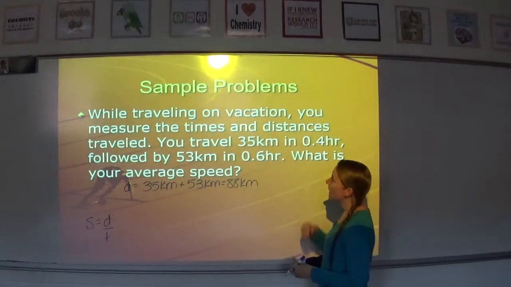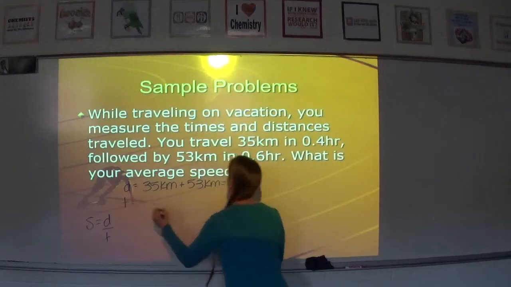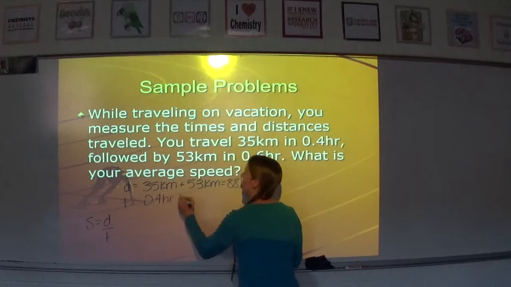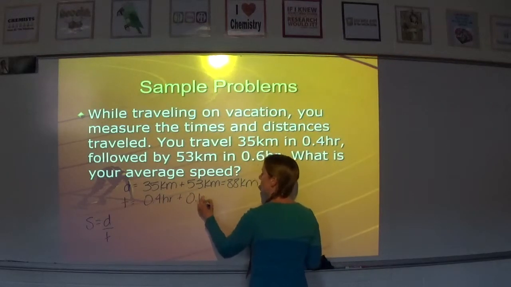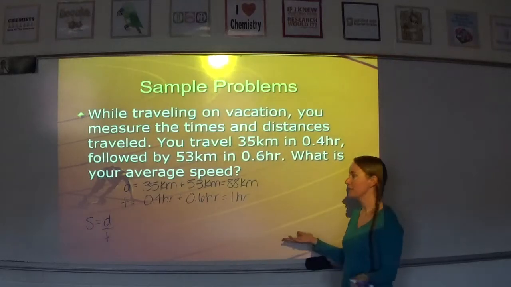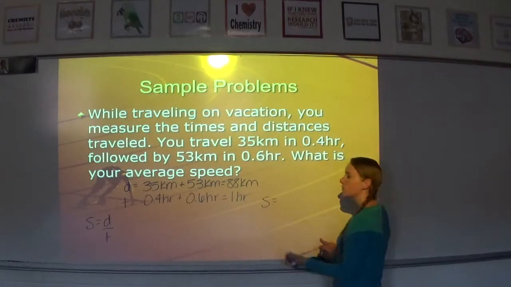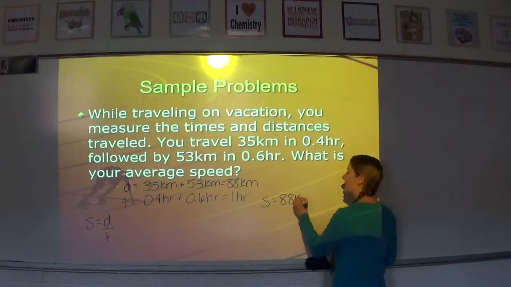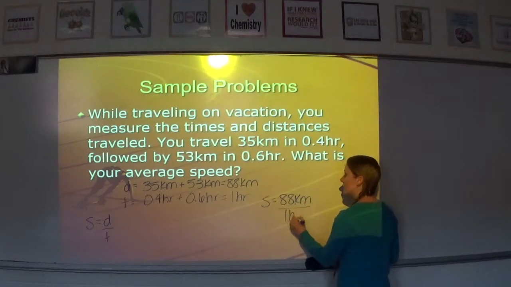All right, and then we have to add up our times. So it says we did 0.4 hours of traveling and 0.6 hours of traveling, which of course adds up to 1 hour total. So this math is really easy. Once I have my total distance and time, I can plug into my formula. My distance was 88 kilometers. My time was 1 hour.